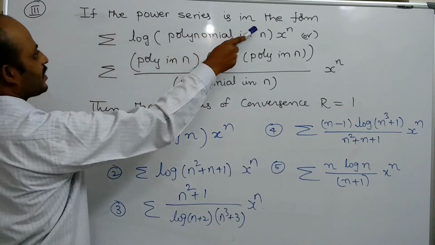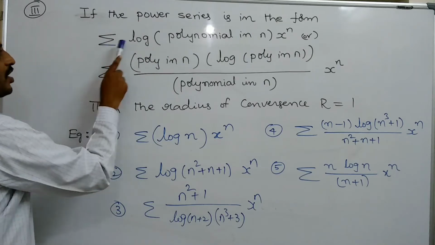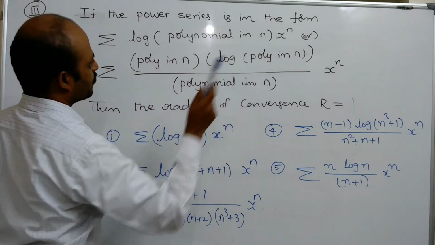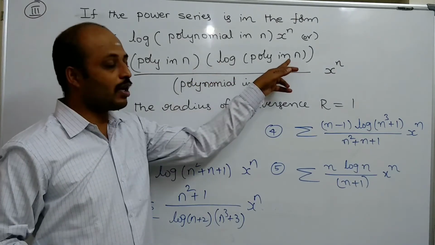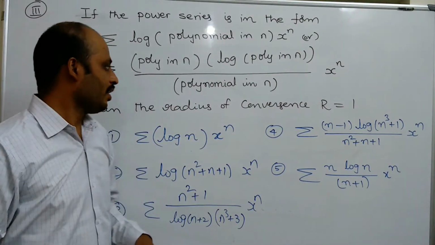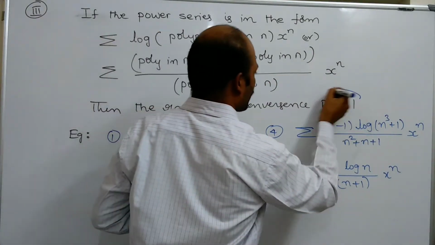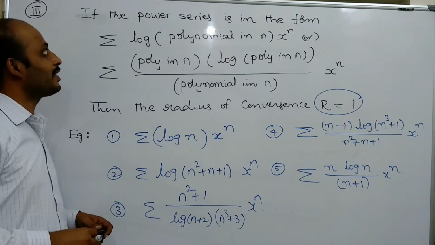Observe that. Result number 3. If the power series is in the following form, summation log of polynomial in n x power n, or summation polynomial in n log of polynomial in n divided by polynomial in n into x power n, then the radius of convergence must be equivalent to 1. Observe the form. That is a very, very important thing.